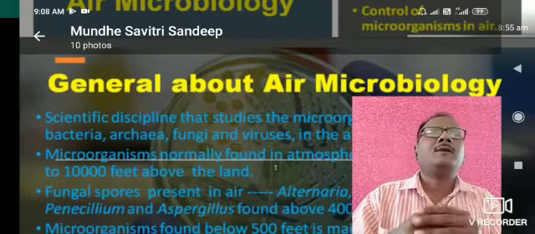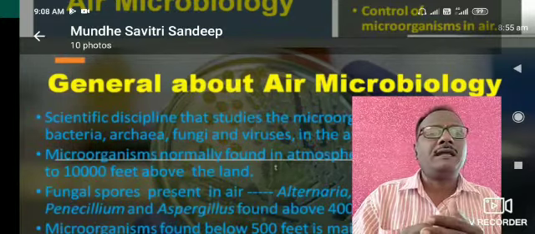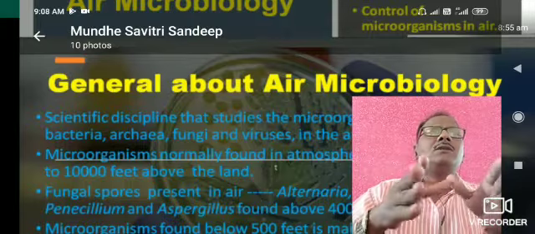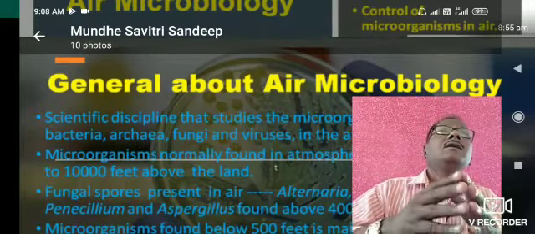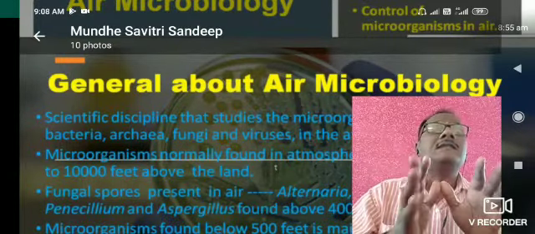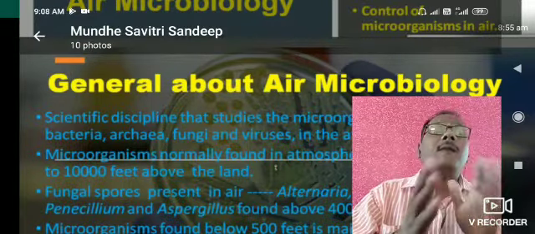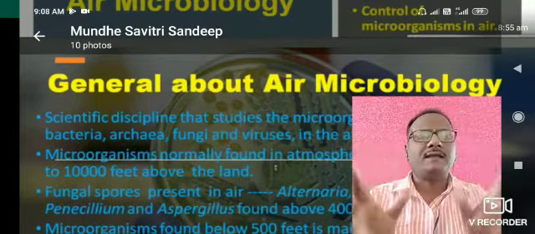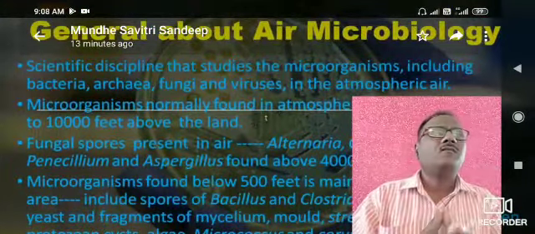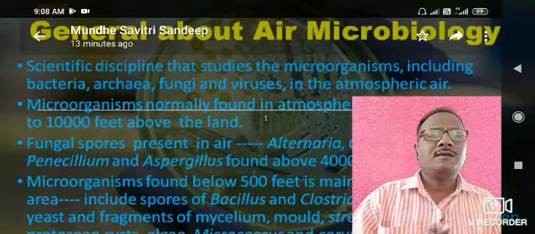In the composition of air, there are different layers above the surface of the land, and different kinds of microorganisms are spread. A maximum number of microorganisms are present in the air, and they produce disease in animals, humans as well as plants. Okay, this is the general idea. In the next lecture, we will see the next point of air microbiology. Till then, thank you.